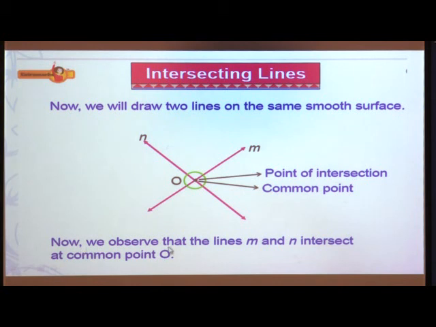Now, we observe that the lines M and N intersect at common point O. Now, you can see students, when 2 lines are crossing each other, they are meeting at a common point O. The point where the 2 lines are meeting is also called the point of intersection.